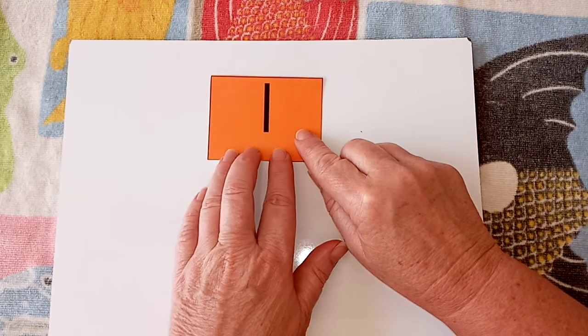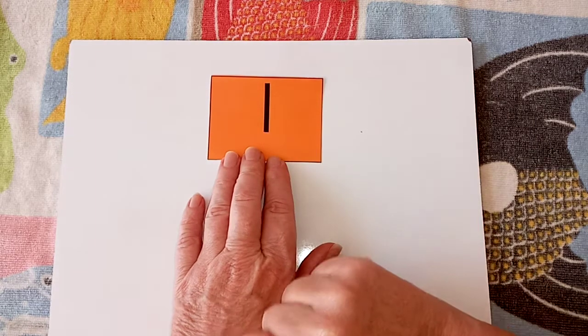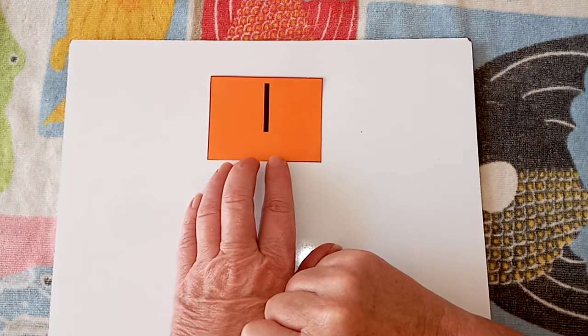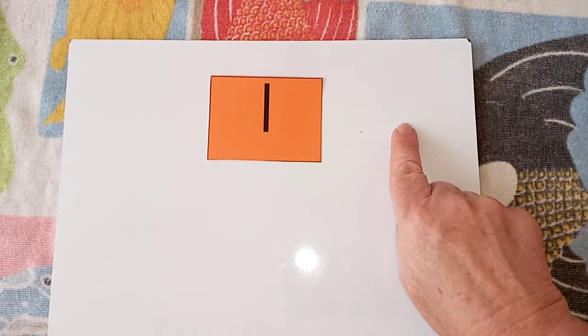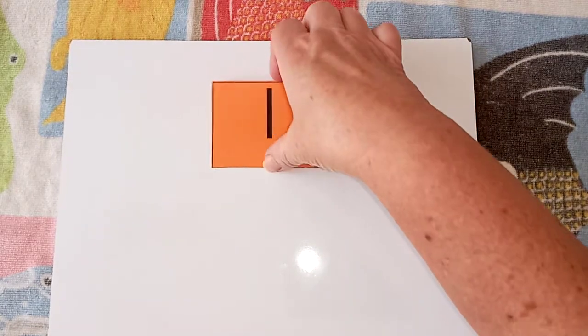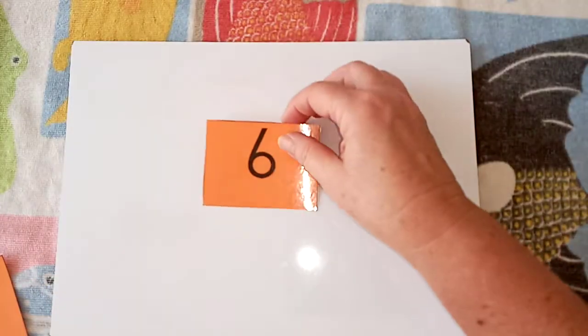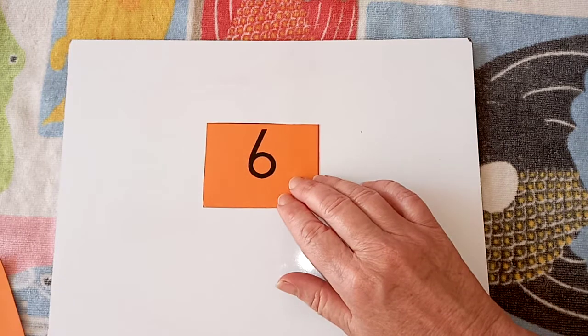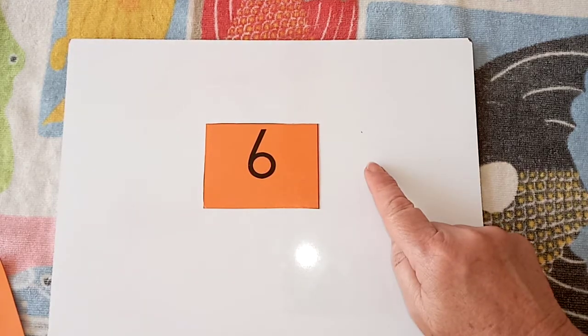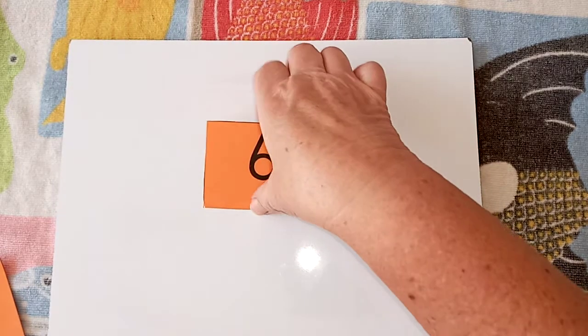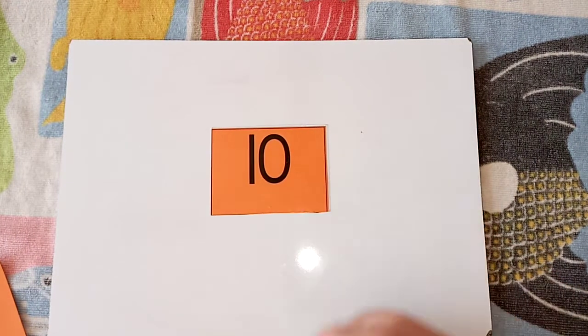Right, what comes after 1? Correct. Number 2 comes after it. We count 1, 2. What comes after 6? Yes, 6, 7. Number 10.